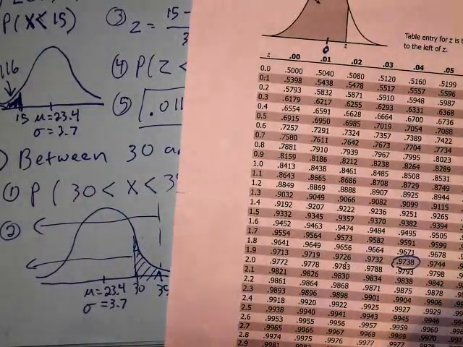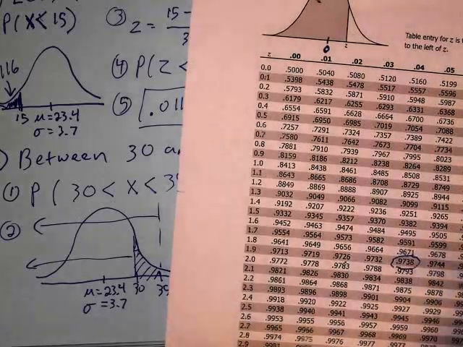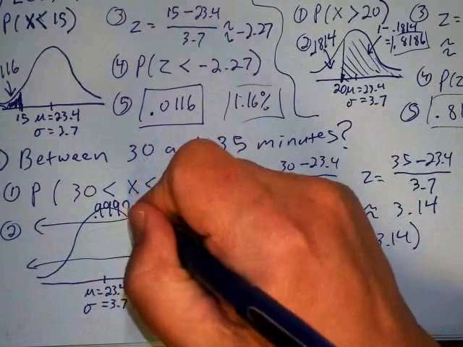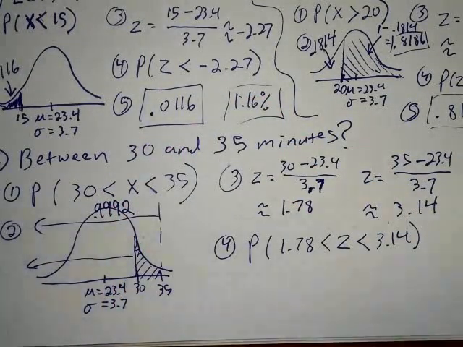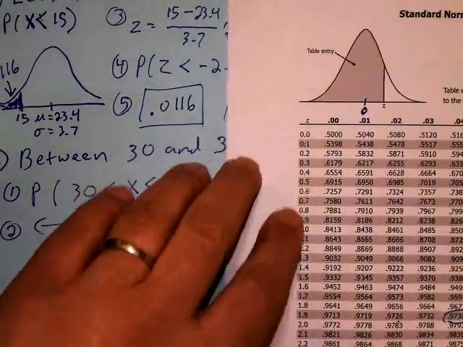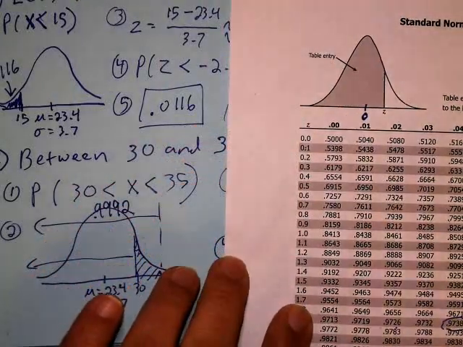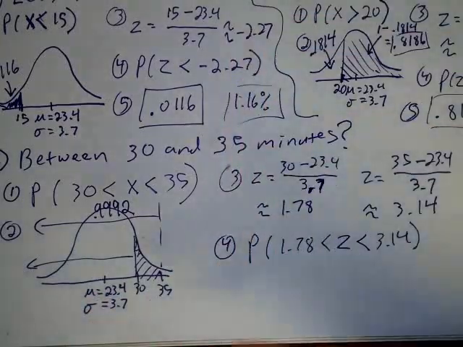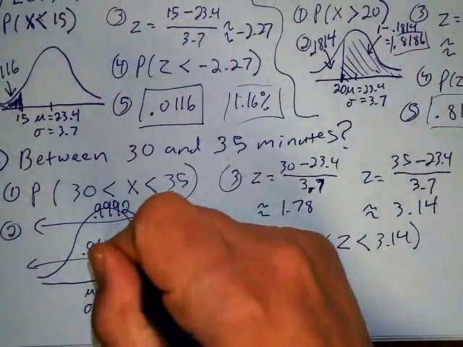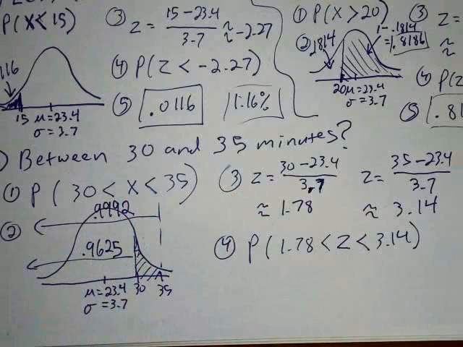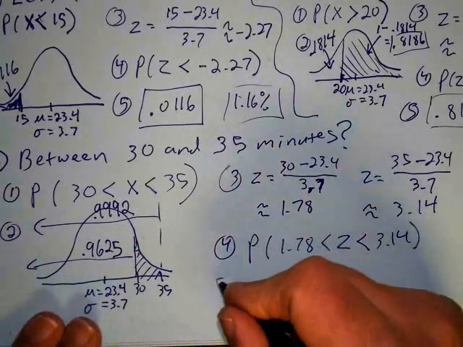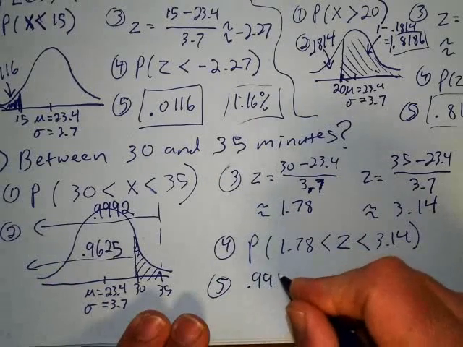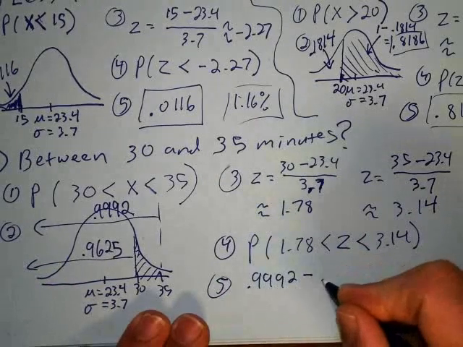For 3.14, I get 0.9992. And then for 1.78, I have 0.9625. So I have to subtract these 2 to get my final answer.